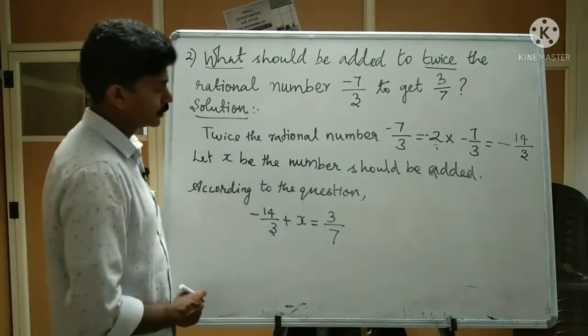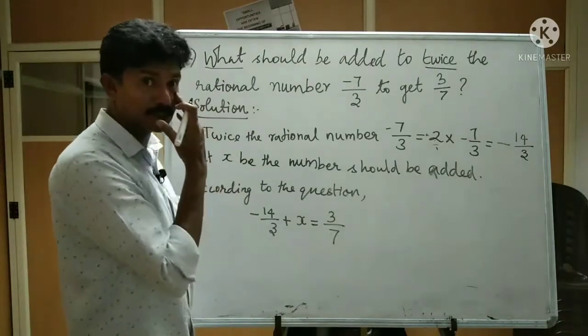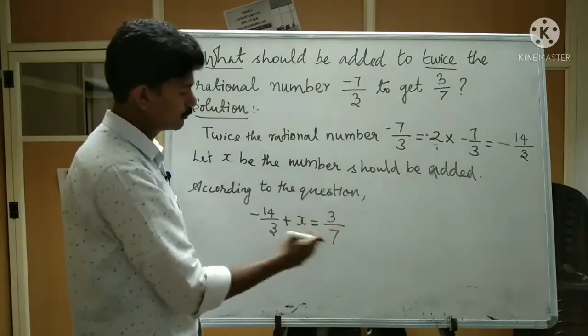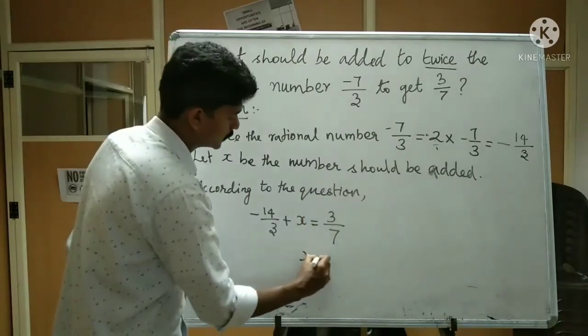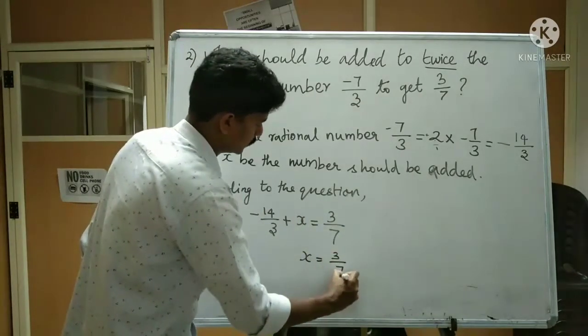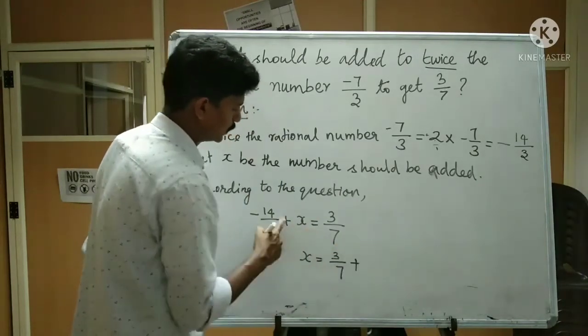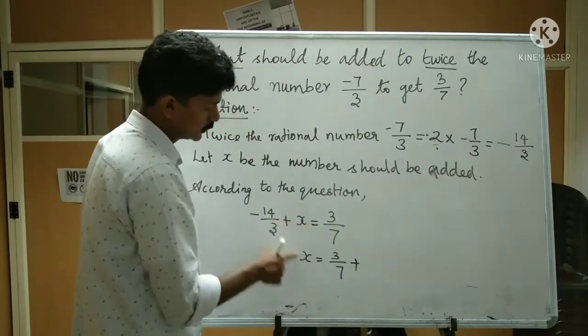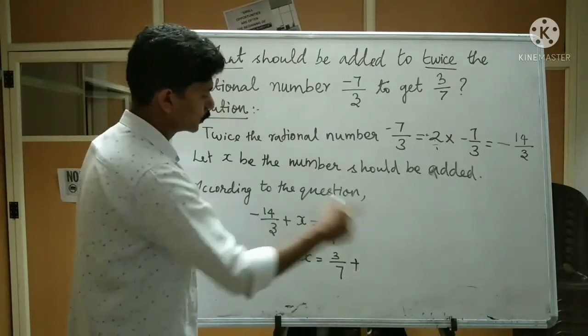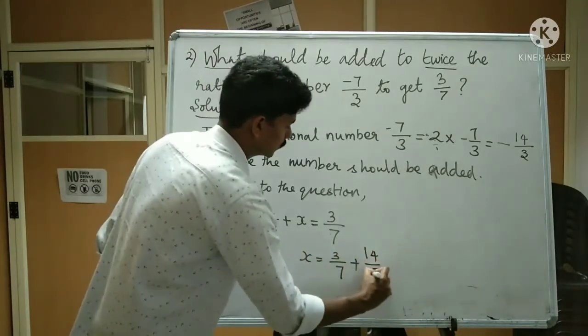So what is the next step? We have to send this number to that side. Keep x here. So x is equal to 3/7. When a negative goes there, it becomes positive. Taking it over, it becomes +14/3.